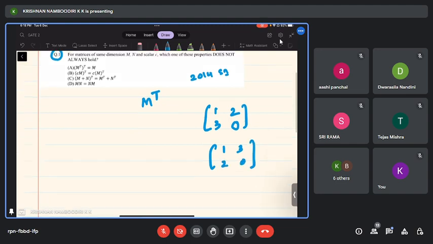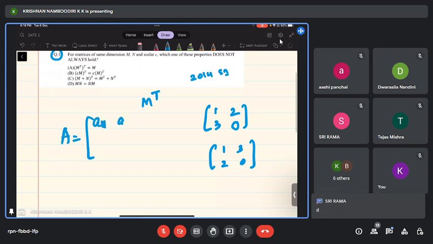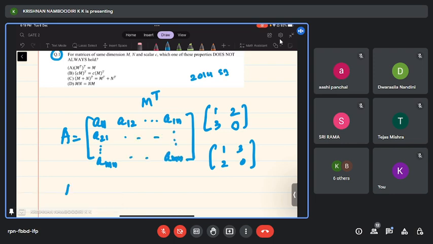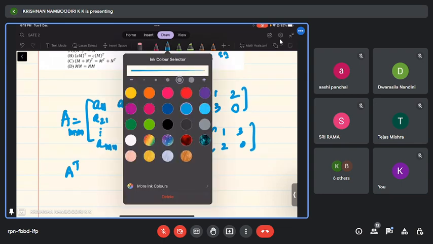What am I doing here? Say I have the matrix A, which is equal to A11, A12, up to A1n, then A21, up to Amn. It is a normal, rectangular matrix, and these are the entries. Say A is m cross n, then A transpose will have size n cross m.